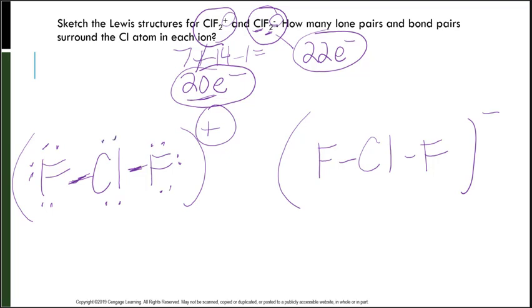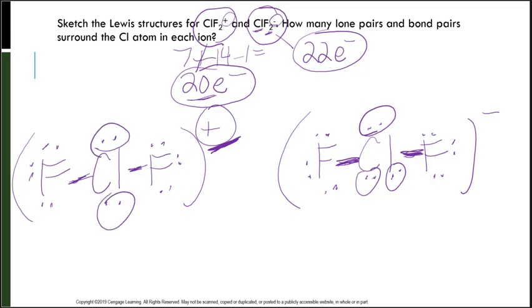And for the -1 charge, again, I count up to 22. So off of the central chlorine atom, I have 2 bonded pairs and 3 lone pairs, compared to the +1 ion, where I only have 2 lone pairs around that chlorine.